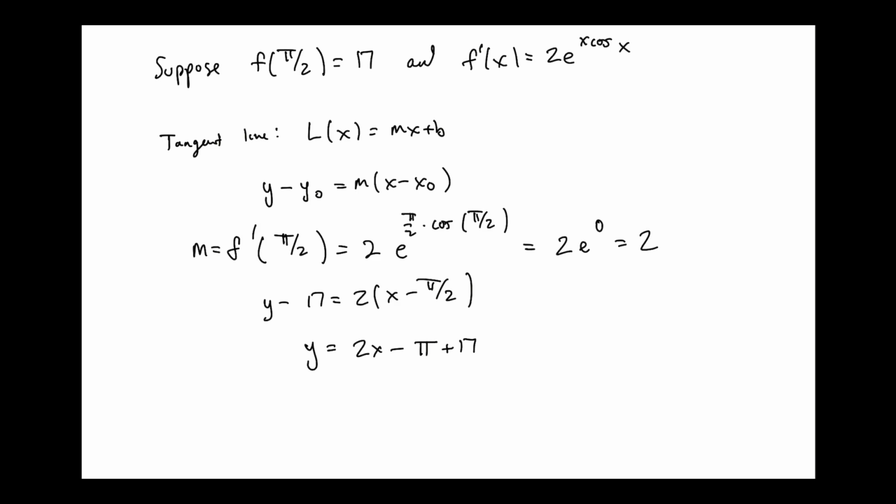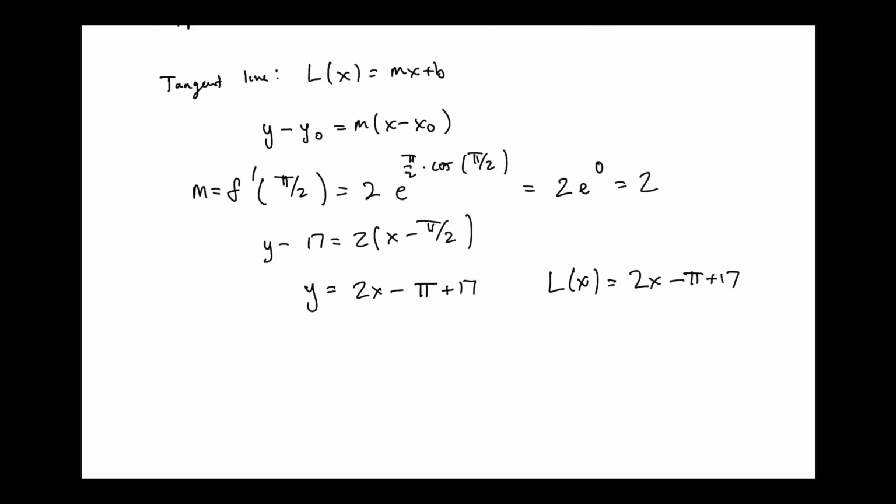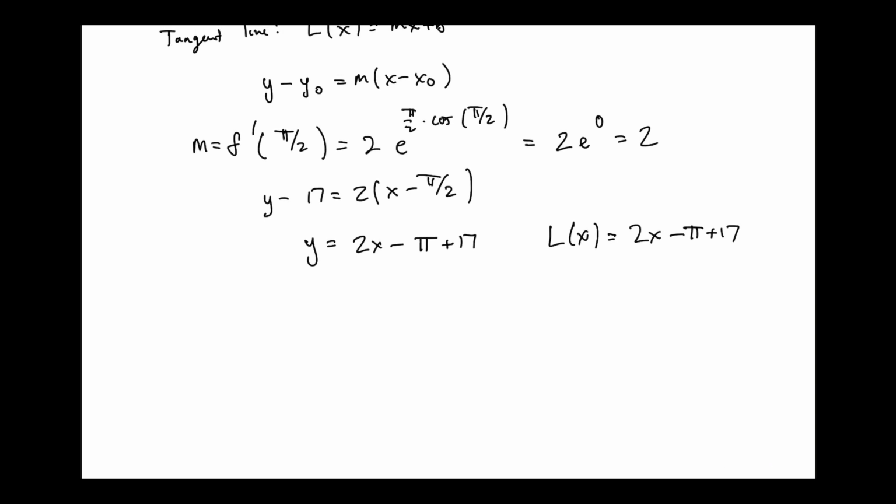Okay, so I'm going to think of this as being a new function which I'll call L, L of x. L for line, basically. Okay, so does that make sense? Right? And that part we've done several times, right? Just cooking up the equation of a tangent line. Okay, now here's the fun question.